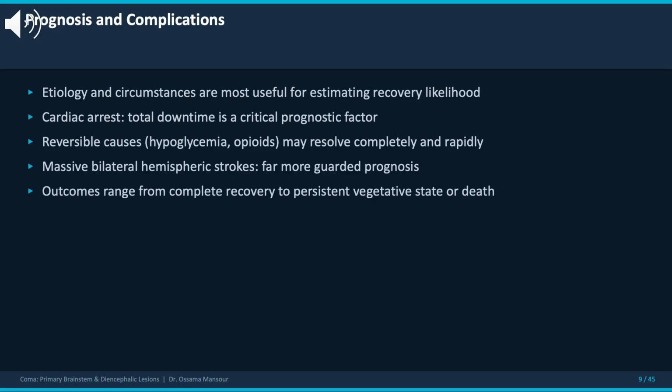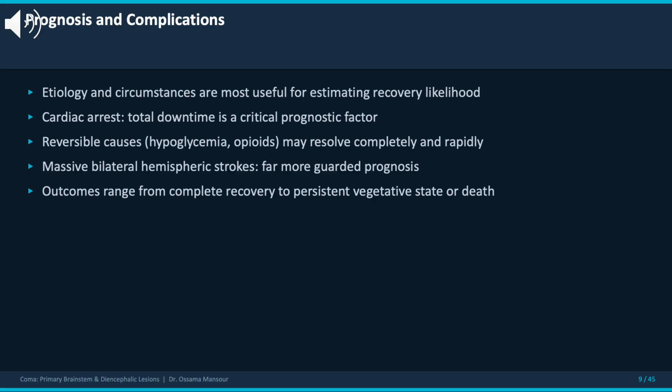For example, in cardiac arrest, the total downtime, the duration from collapse to return of spontaneous circulation, is a critical prognostic factor. Similarly, the reversibility of the underlying cause of coma matters greatly.